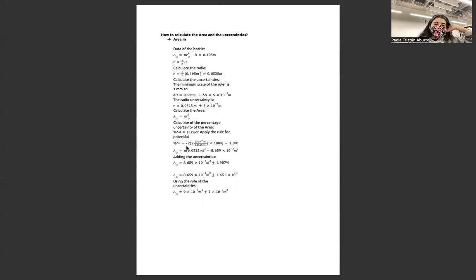We have 2 times the percentage uncertainty of the radius times 100, and we obtain 1.97%. So then we apply our area equation, and this is the result given. And then we use our rule of uncertainties, and this is the area of the bottle.